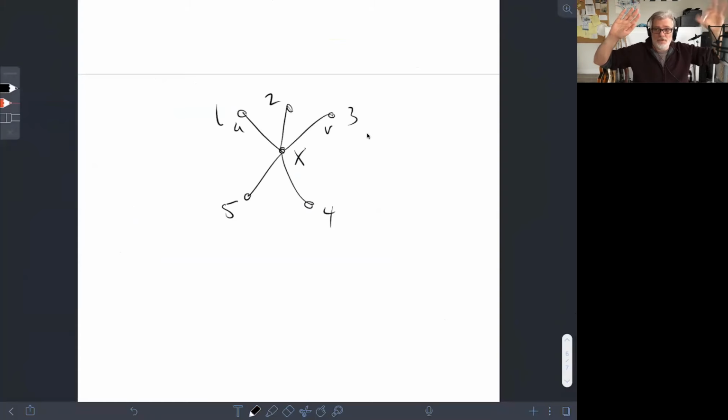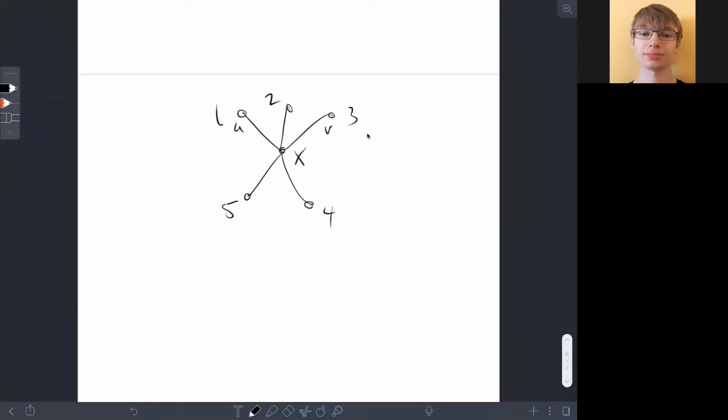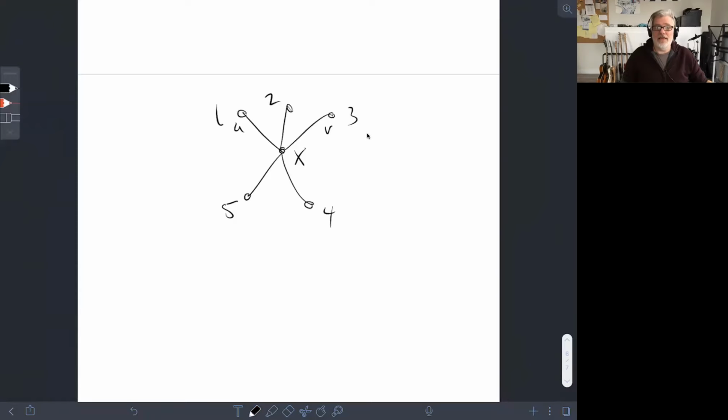So flip the colors, let's say in the component of U. Do you see what happens? U becomes 3. And then we've reduced the colors around X, so we can now use 1 for X and we win.